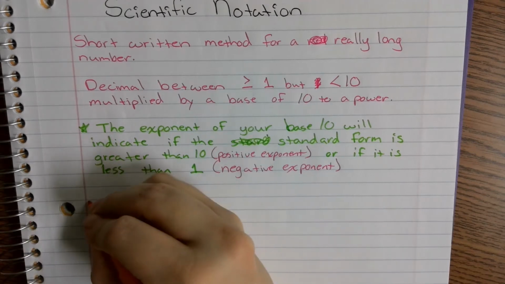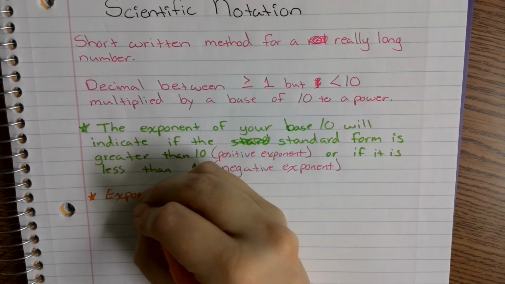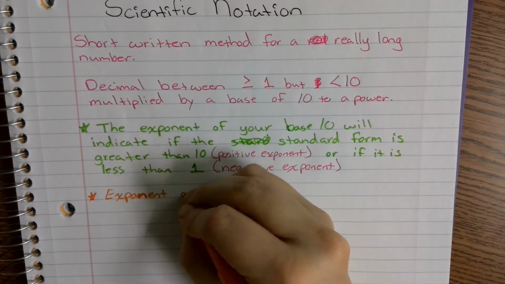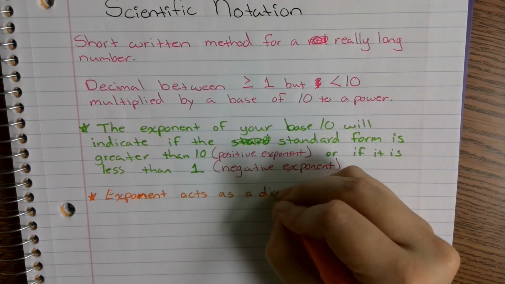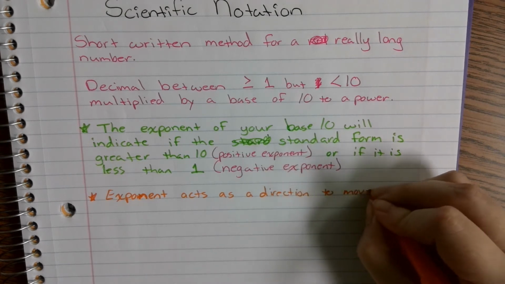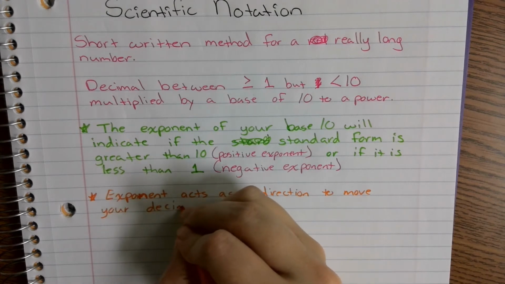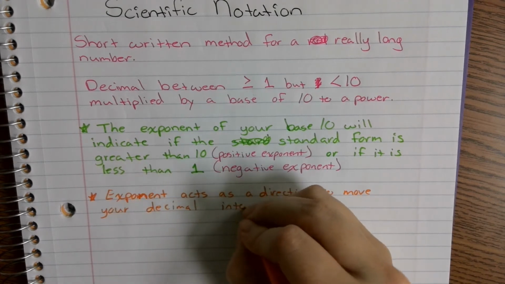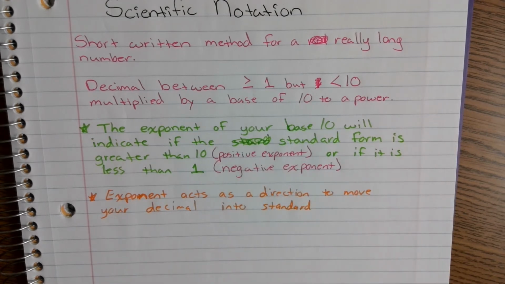Another thing that you need to keep in mind is that your exponent acts as a direction for movement. So if you need to translate your scientific notation into standard form, the exponent tells you how to move your decimal.